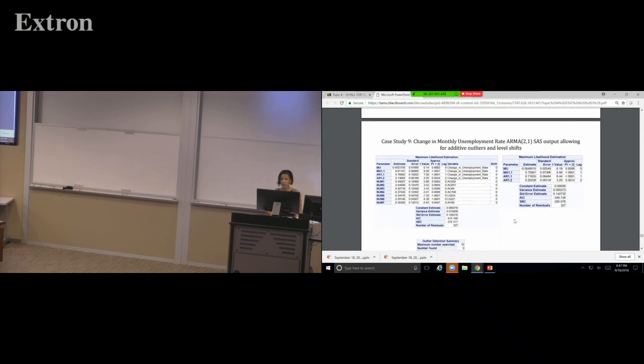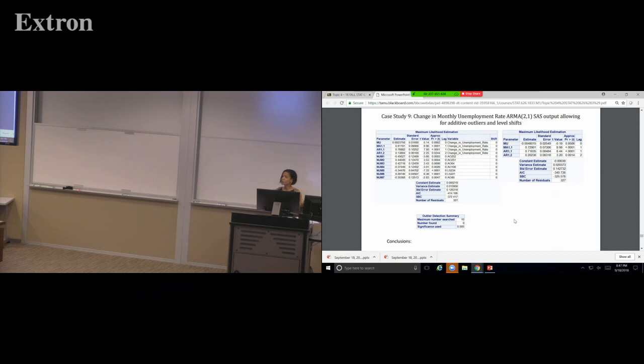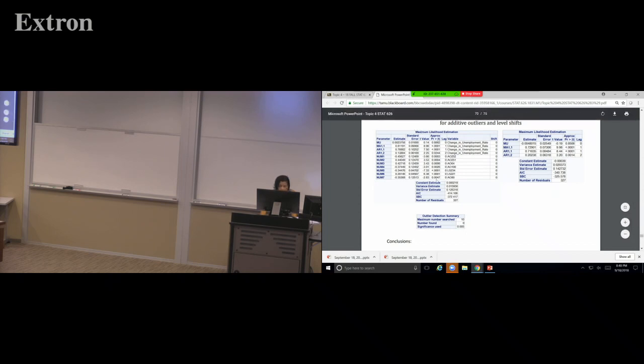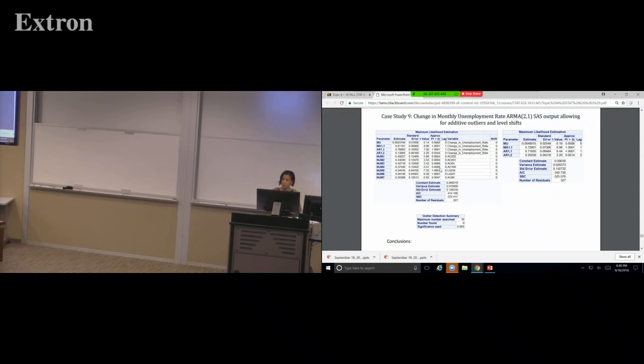What we come out with is similar to what we saw before. When we check for outliers, now that we've applied the regressors for outliers and level shifts, there are no more outliers detected at 0.005. And looking at the parameter estimates, they are all significant. Okay, so this model looks good at this point.